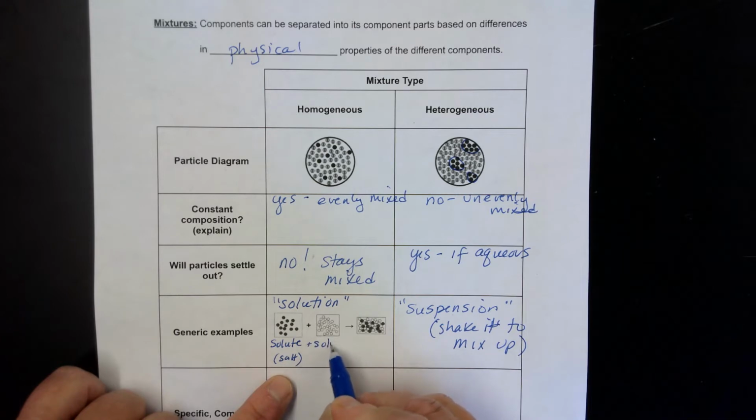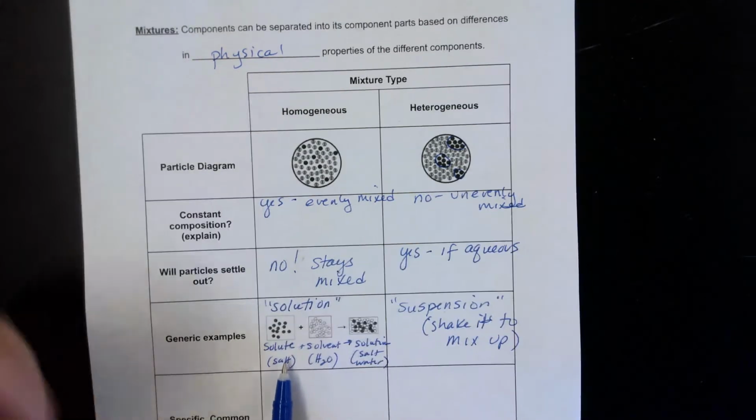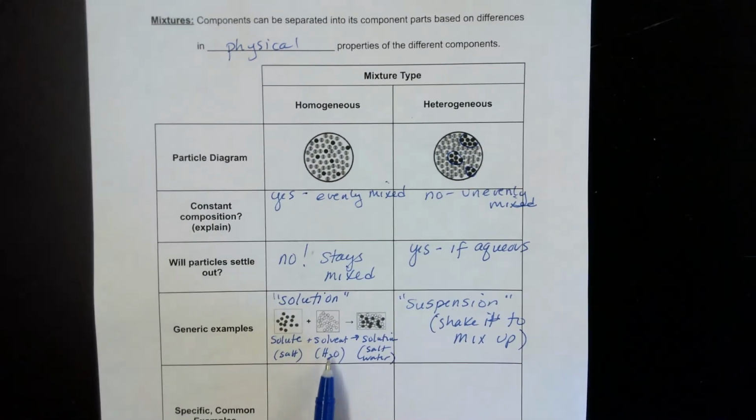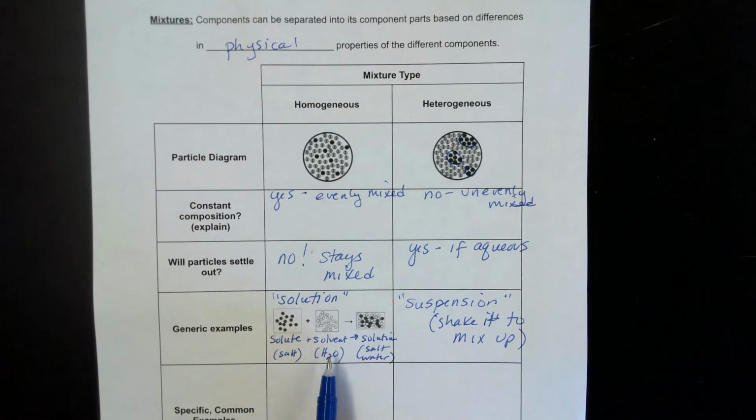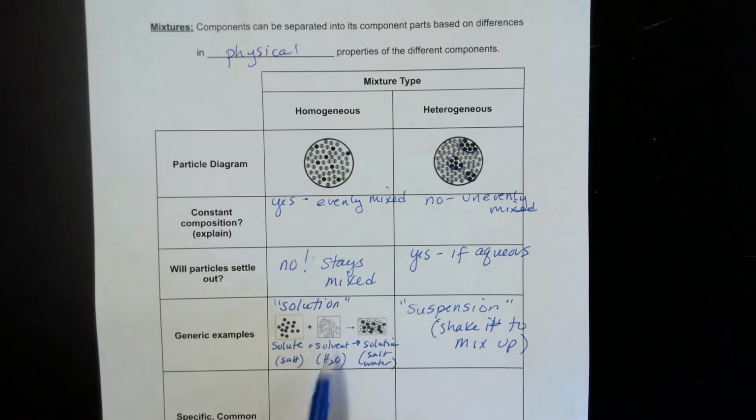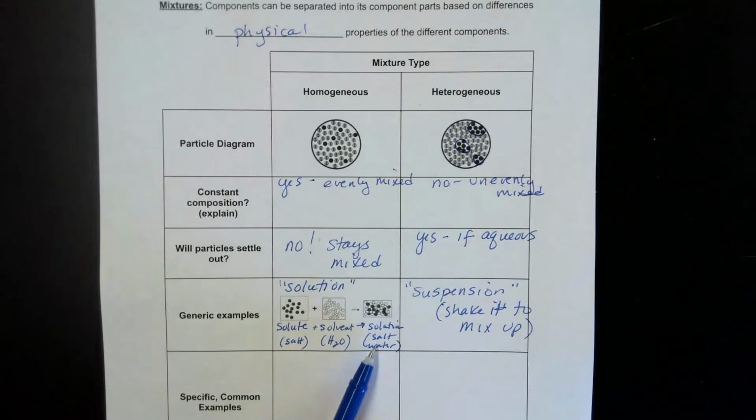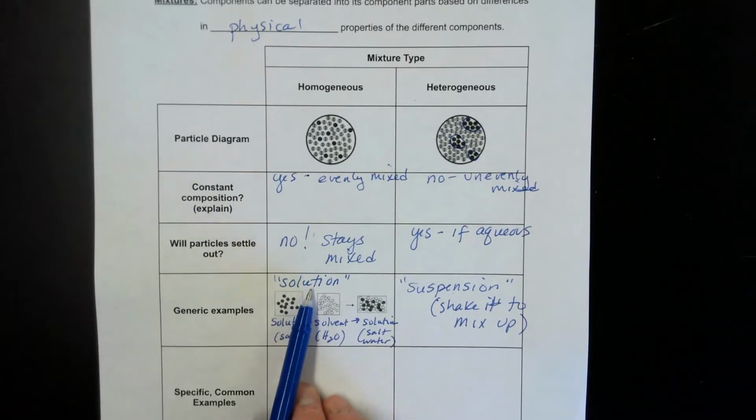You're going to add that to the solvent, which might be water, and that's going to turn into a solution, which is, of course, the salt water. So the solute is the stuff that you're dissolving into the medium that you're putting it into. Once you make that salt water, that salt stays dissolved. The salt does not settle out.